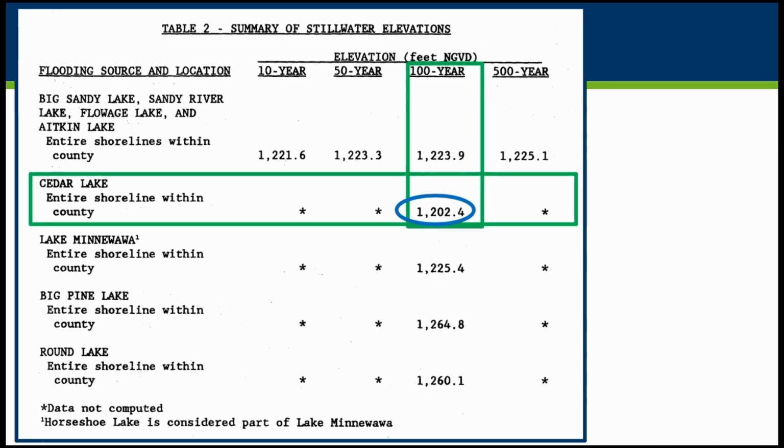So that is 0.4 feet higher than what you saw on the paper map. Also, we need to know the datum. In this case, it is the NGVD 1929 datum, which was the most common datum on our older paper maps.